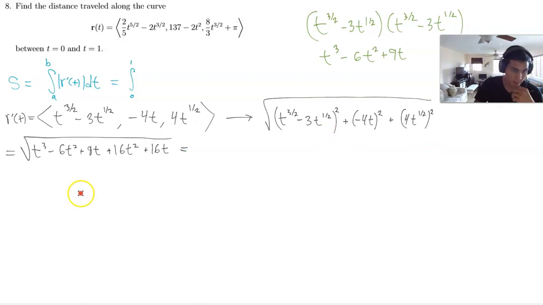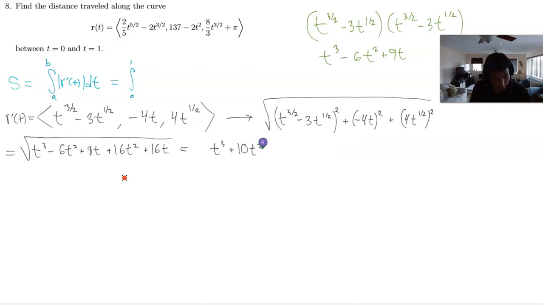As we can see, we have a 9t and a 16t, that's 25t, and then we have a 16t squared minus 6t squared, which turns into a positive 10t squared. T cubed stays by itself: t cubed plus 10t squared plus 25t.